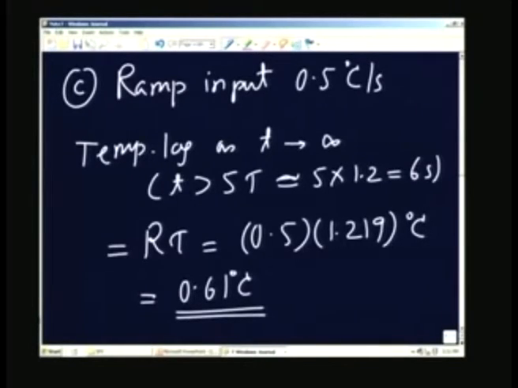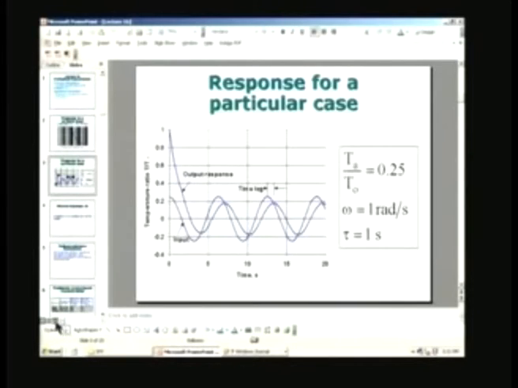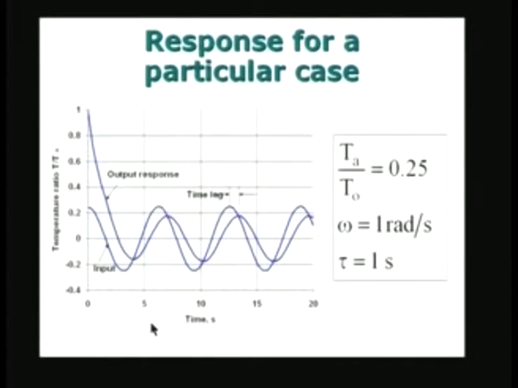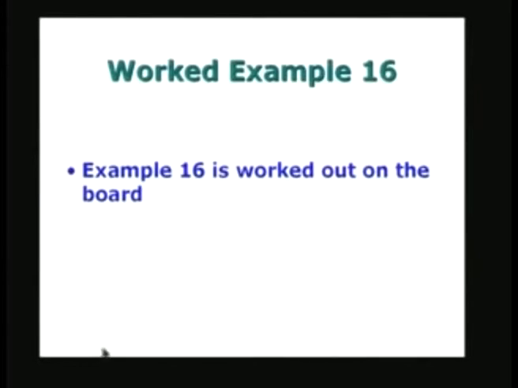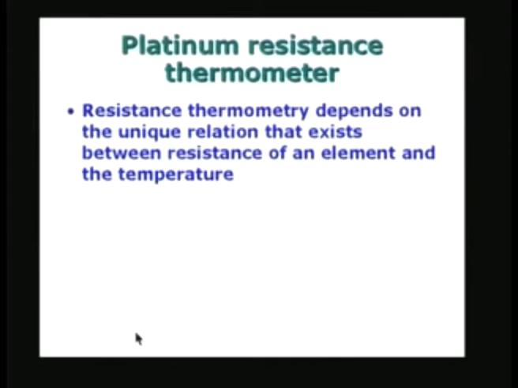So, this sort of completes our discussion on the transient temperature measurement, and then we are ready to go back to our main theme of measuring temperature. In this case, I am going to look at the resistance thermometry.